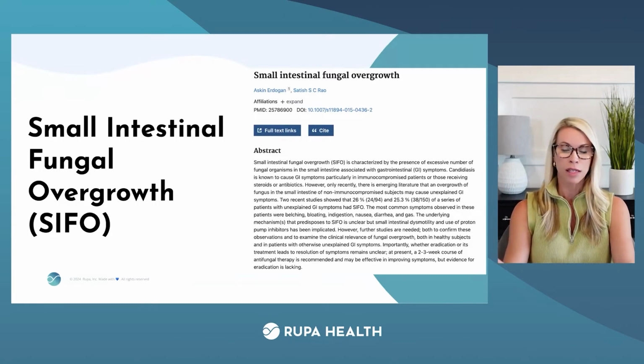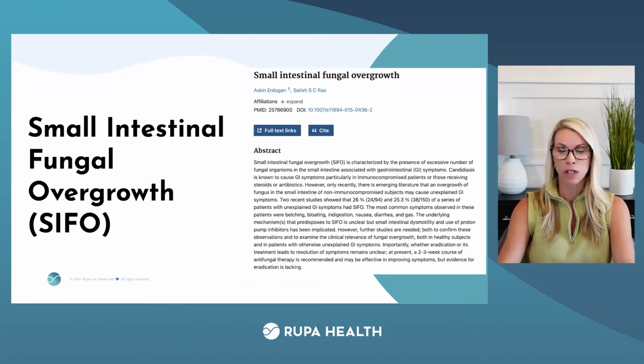The things that they have found predisposing patients are small intestinal dysmotility. Basically, the small intestine is not moving contents through as readily as it should, and it's allowing the right environment for Candida to become overgrown.